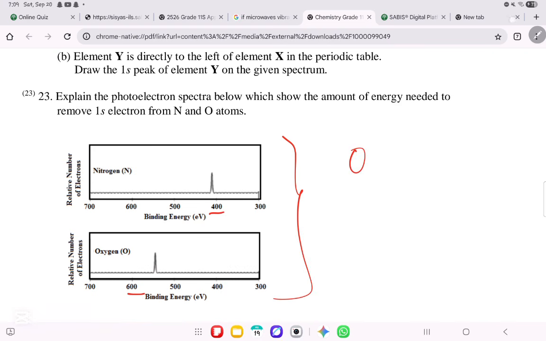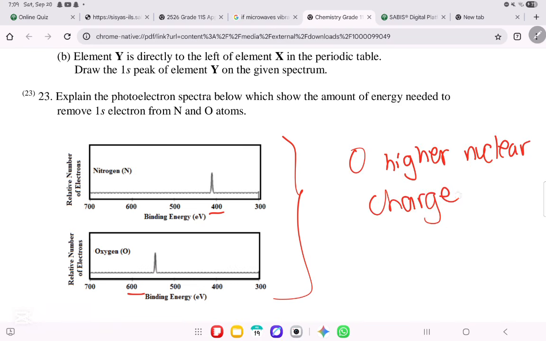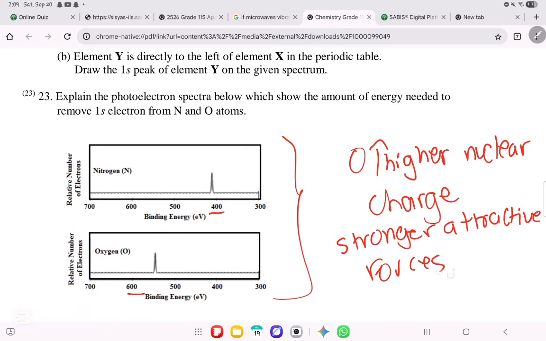A higher nuclear charge, and this higher nuclear charge will exert a stronger force of attraction on the atoms. So O: higher nuclear charge, stronger attractive forces, thus requiring what? Thus requiring more energy. Perfect. We'll move on to 24, the last one.